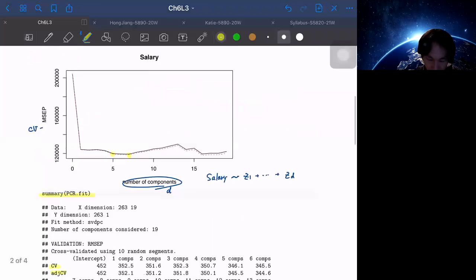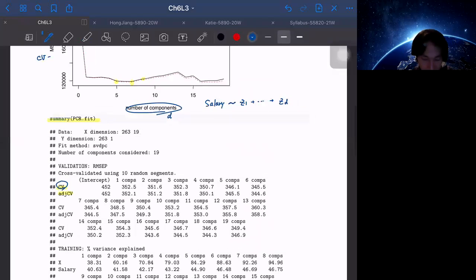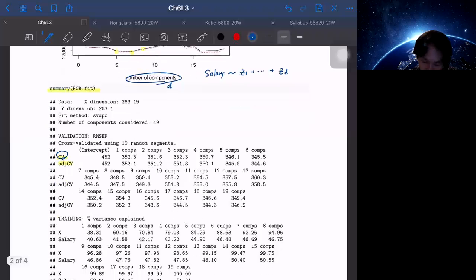So the adjusted version adjusts for the effect of the smaller training data set, which also affects the relative size of the cross-validated MSE. The red one is the adjusted one, but they are mostly similar. So CV is the usual CV, and adjusted CV considers the fact that we use the smaller training data set.